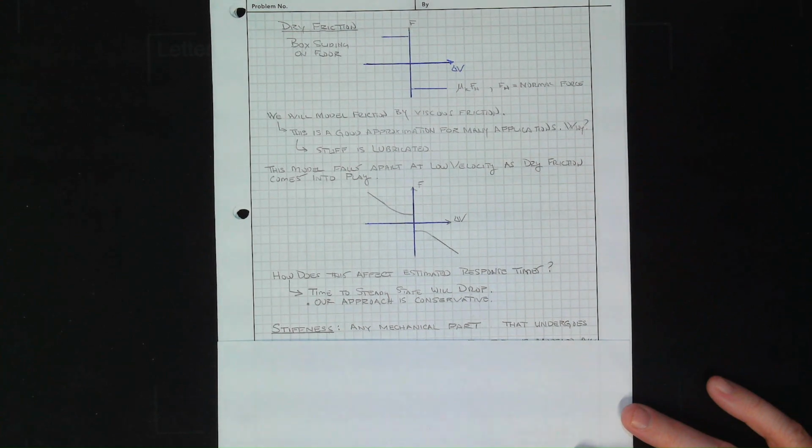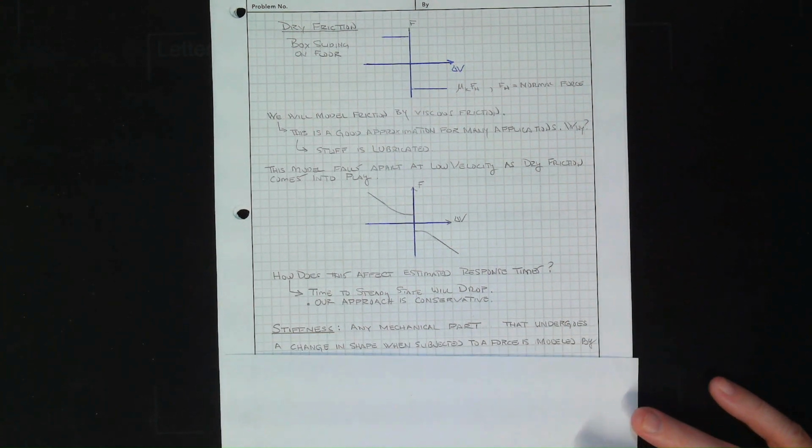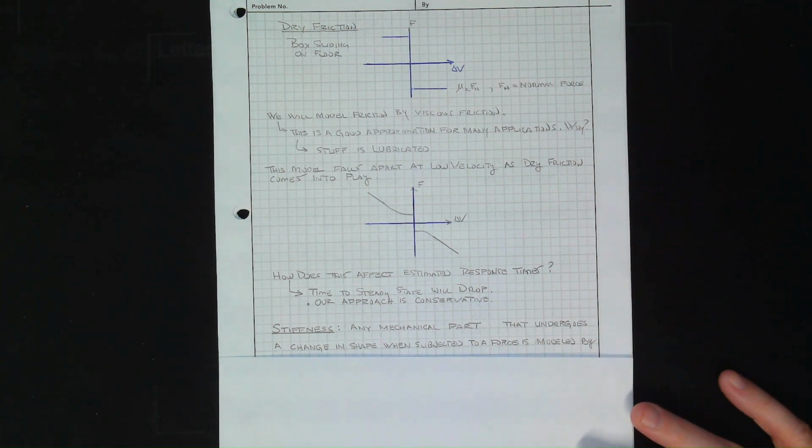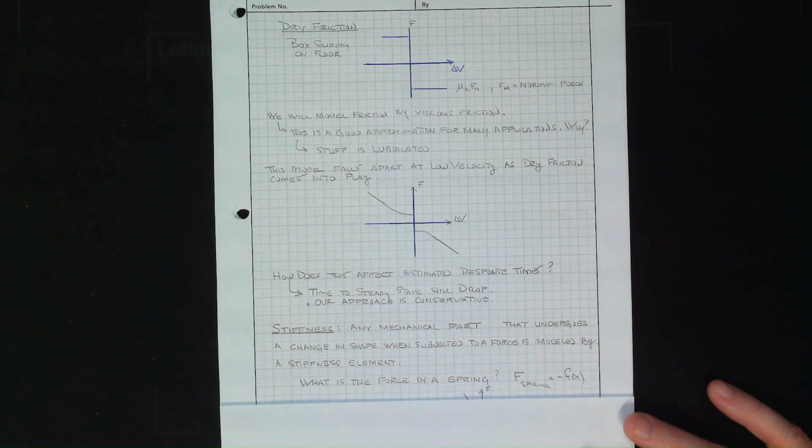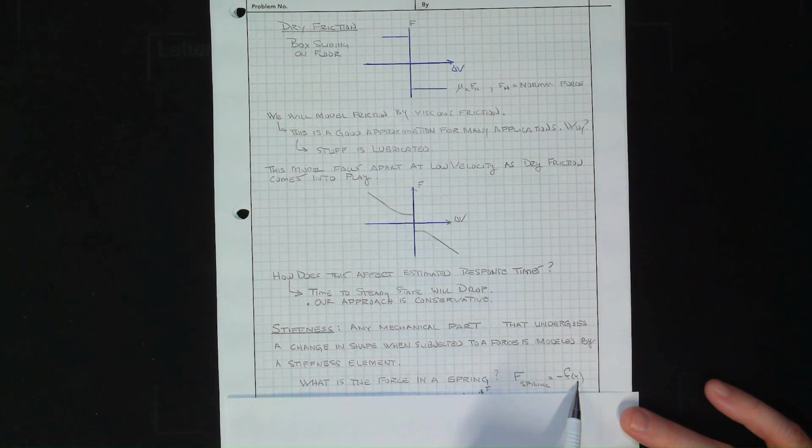Next step is stiffness. So any mechanical part that undergoes a change in shape when subjected to a force is modeled by a stiffness element, and we're usually talking about springs. All right, what is the force of the spring? It'll be a function of distance or displacement, x. You can have springs that are a function of the square of x, the cube of x, the square root of x, oftentimes just linear with respect to x.